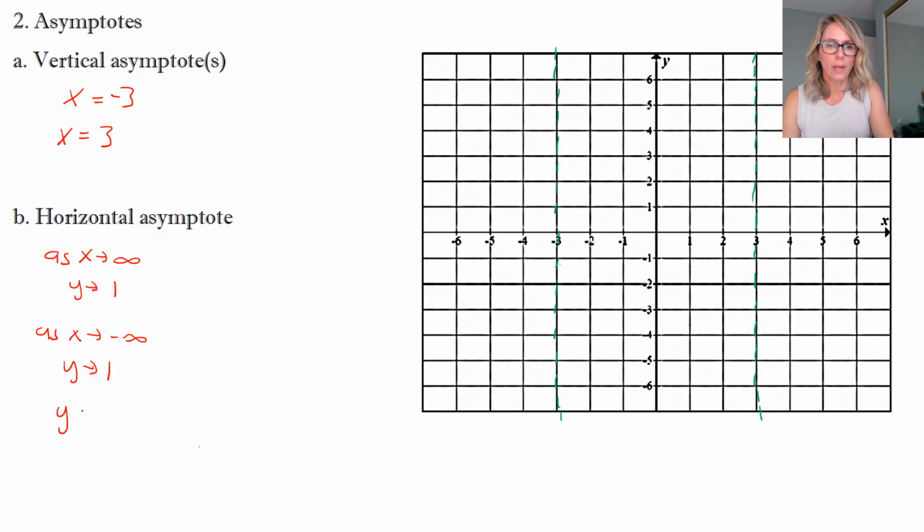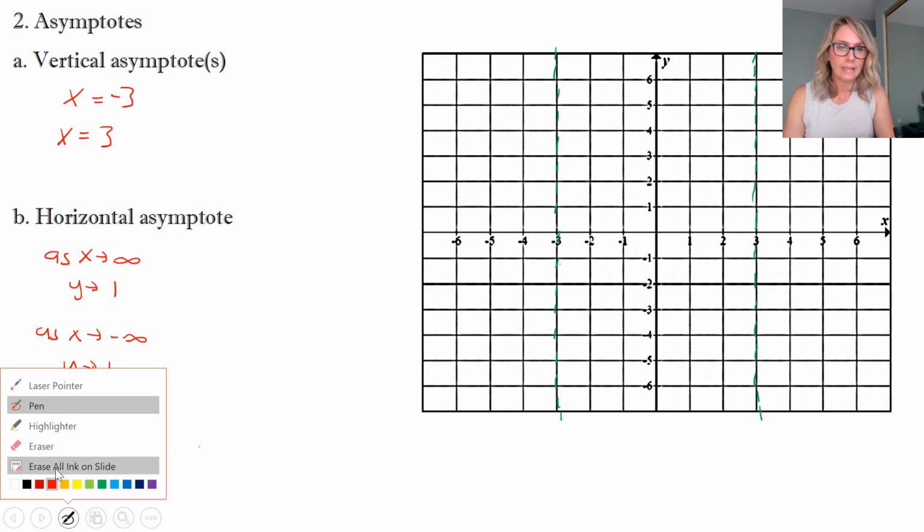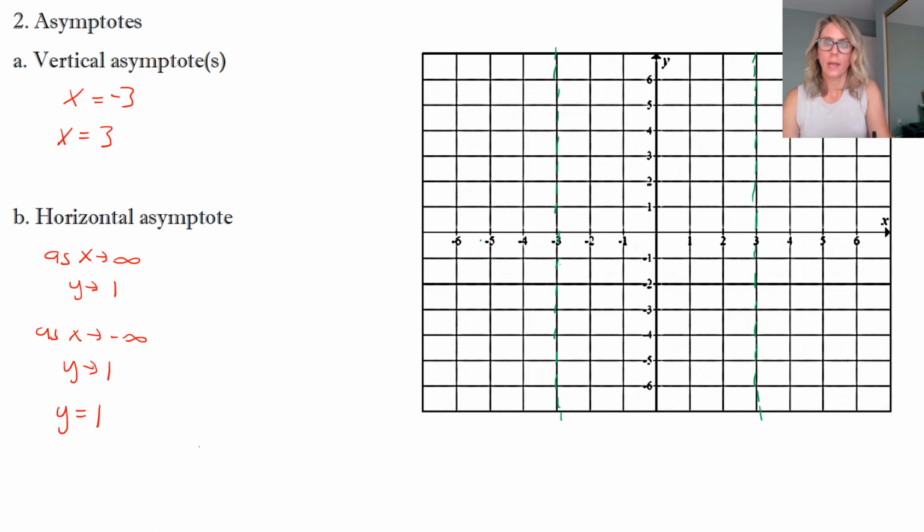So we have y equals 1 as our horizontal asymptote. That is, not surprisingly, a horizontal line. So here is our horizontal line. Okay, so hopefully you can see my colors there. Whew, that's a lot of work.